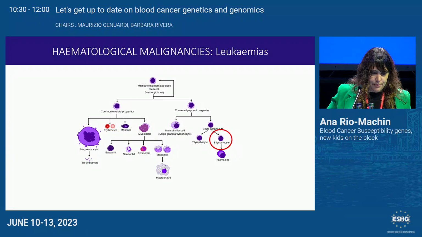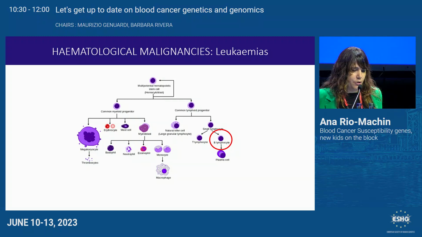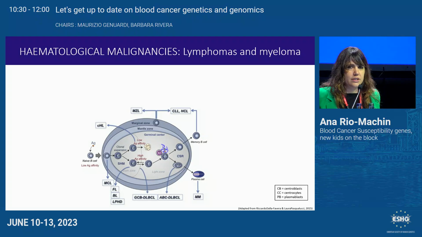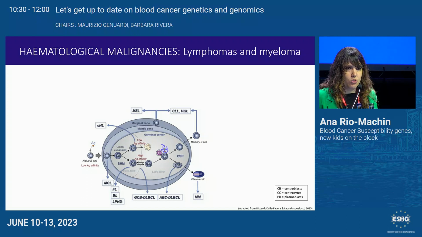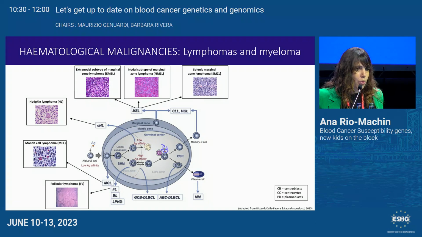If the cancer arises from a B lymphocyte that goes into the germinal center and differentiates into the cells that will produce antibodies in response to an antigen, we will have the lymphomas. Depending on the state of the cells that proliferate to originate the cancer, we will have different types of lymphomas.